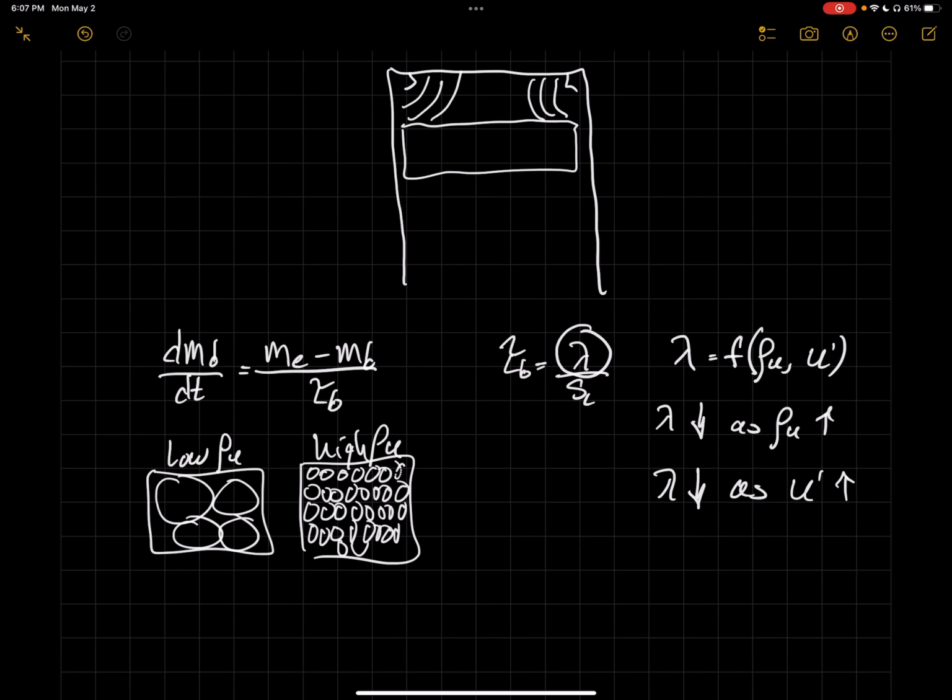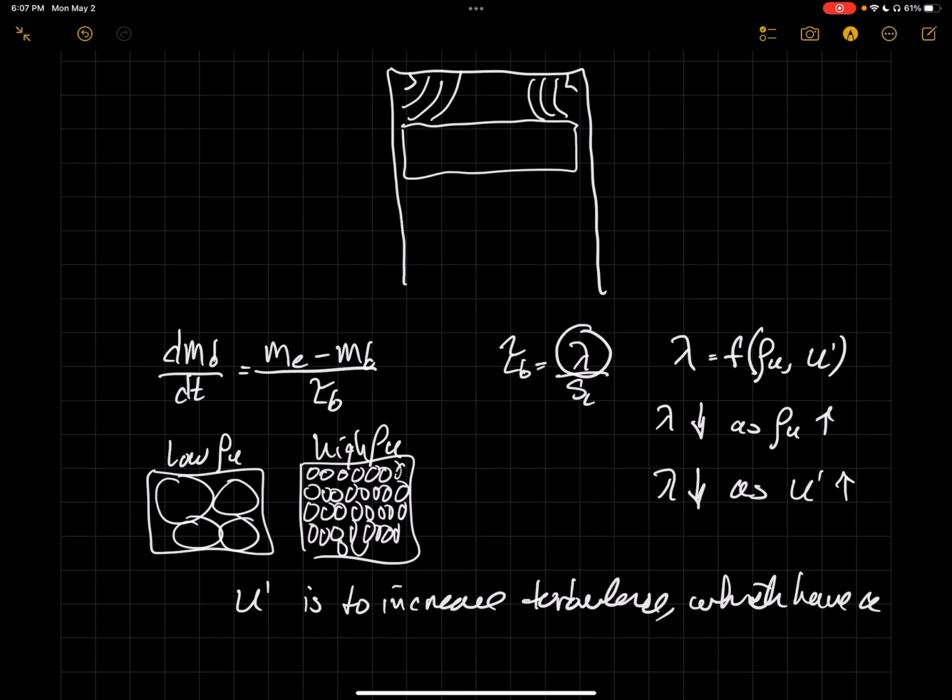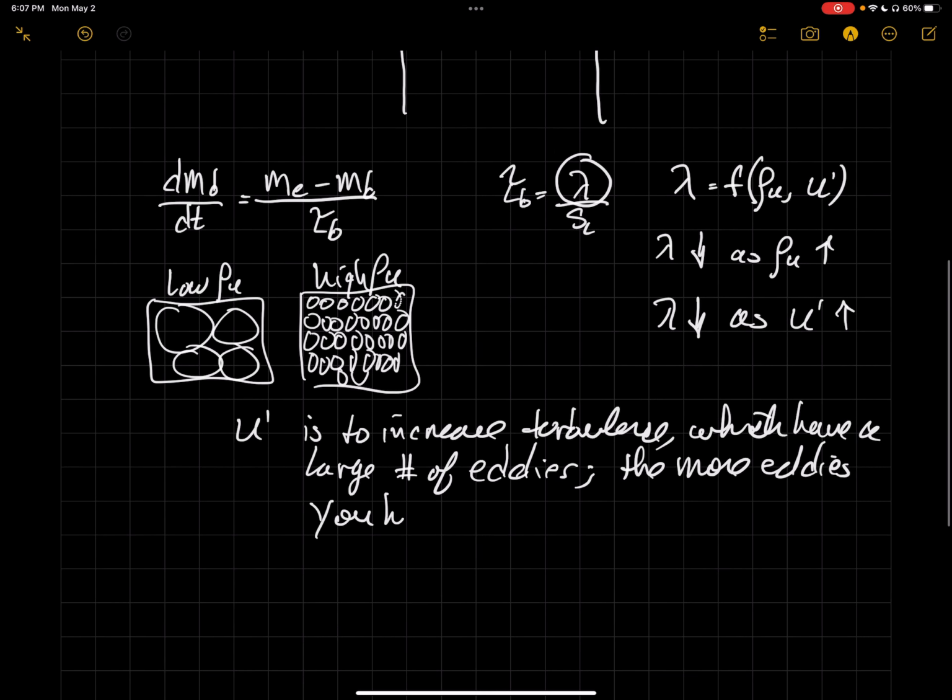And again, you can imagine that the whole point of U prime is to increase turbulence, which is to say, have a large number of eddies, and so the more eddies you have, the smaller the diameter of each individual eddy.